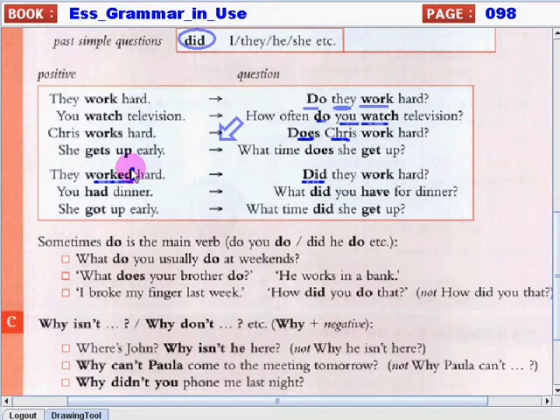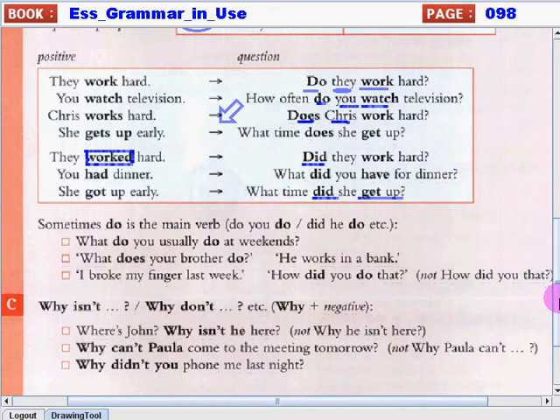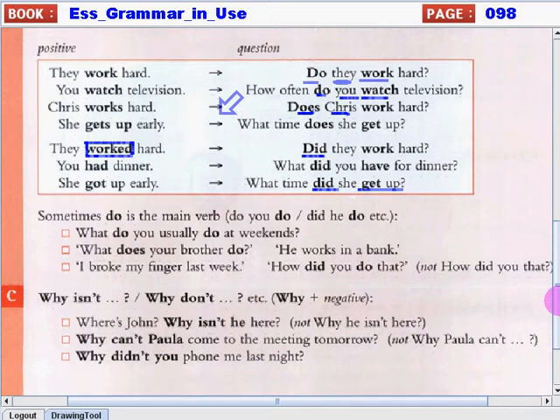We have the verb worked, which is in the past. Next sentence. You had dinner. What did you have for dinner? She got up early. When we form a question, it will become, what time did she get up? Alright? Did you notice the difference of past simple and present simple?